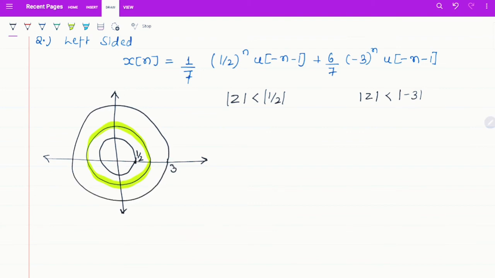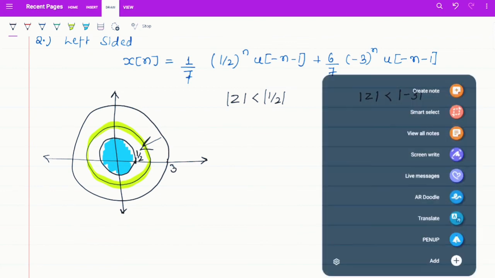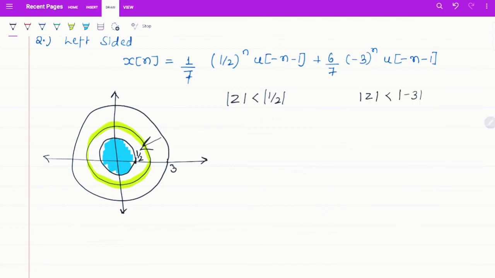So what should be the ROC? This should be our ROC. Because the ROC of the second signal is inside the circle of radius 3, and for the first the ROC is inside the circle whose radius is 1 by 2. So this is the common region of convergence. This is our ROC of this signal.